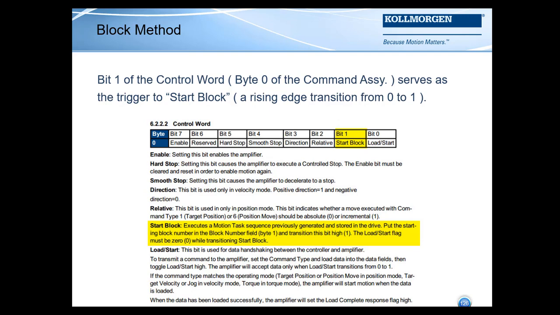I've highlighted the description. Start block executes a motion task sequence previously generated and stored in the drive. Put the starting block number in the block number field byte 1 and transition this bit high to 1. The load start flag must be 0 while transitioning the start block.